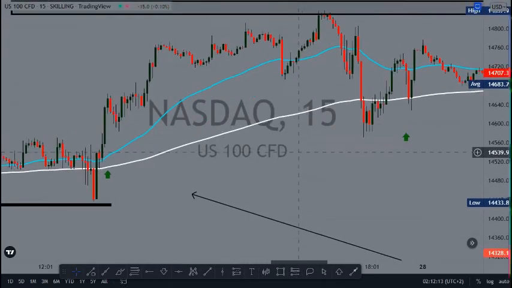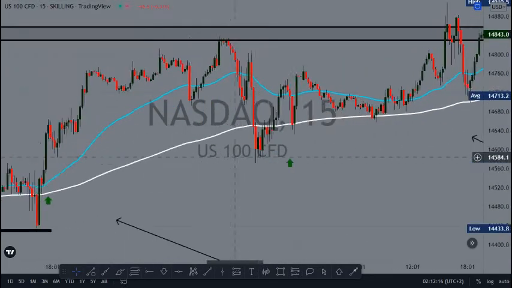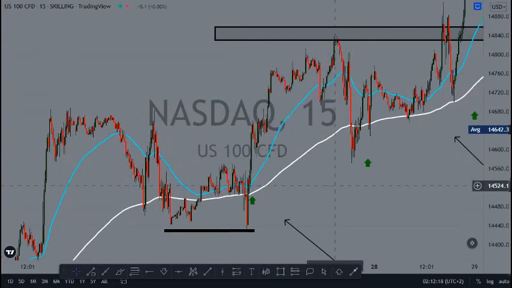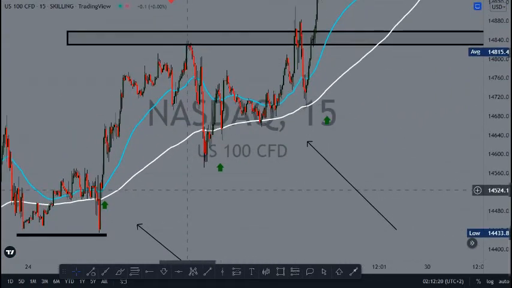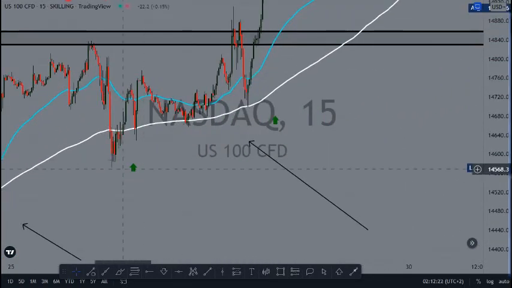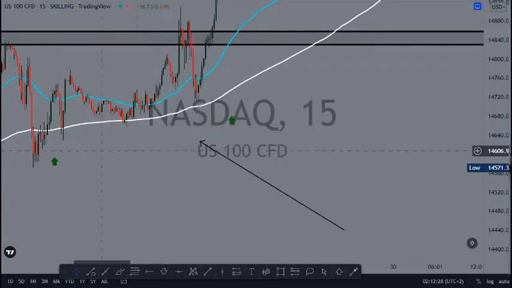The market came to a level which gave me another entry here, which was again our 200 bounce. We could have taken this entry and placed our stop loss here, and then the market came back again to the 200.